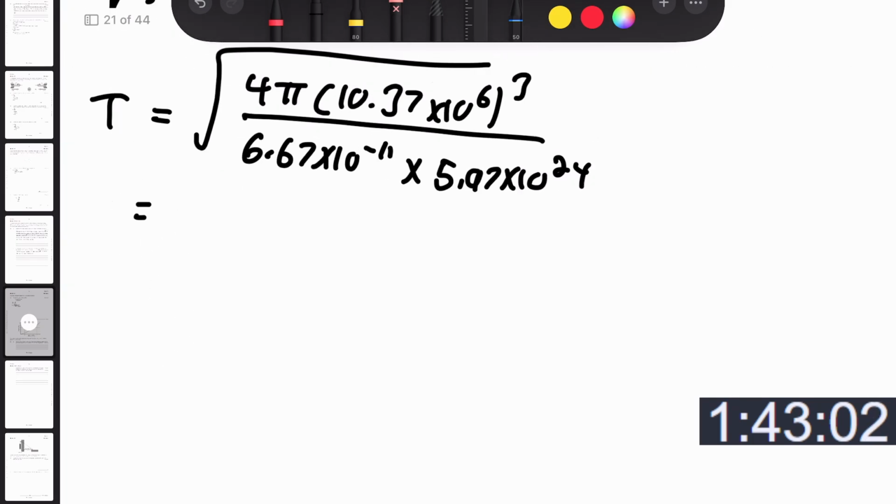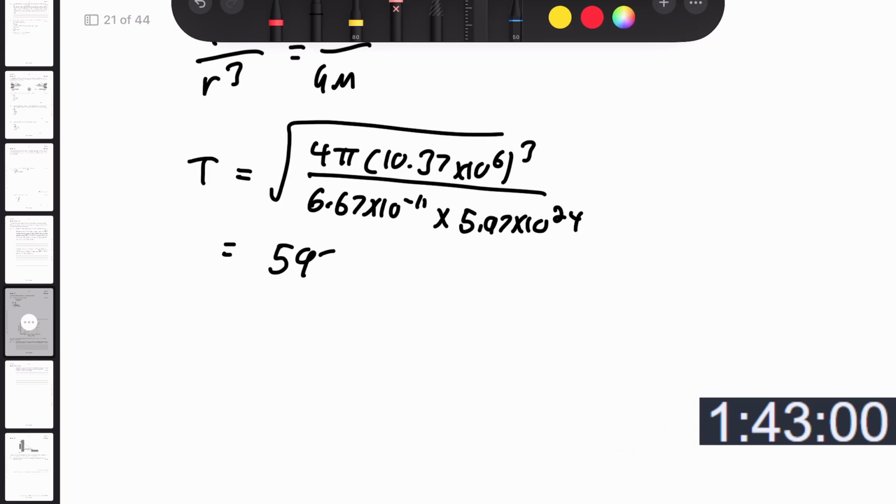I get that the period is only 5932.3 seconds. Divide by 60, which is minutes, then hours. It's only 1.65 hours.